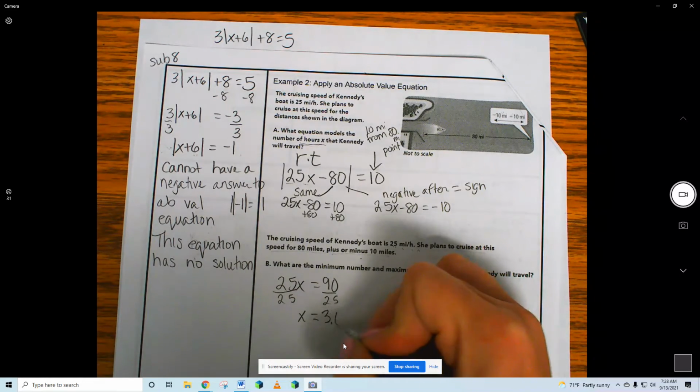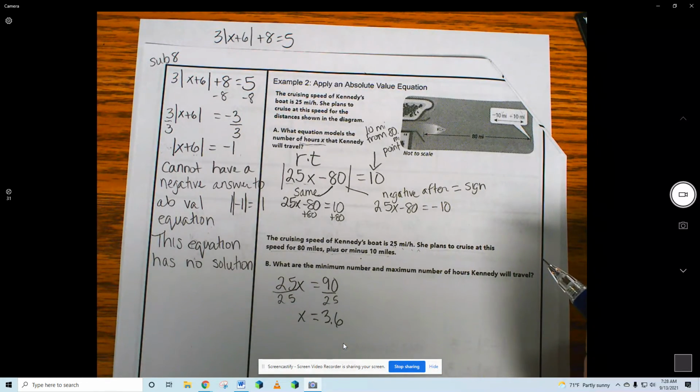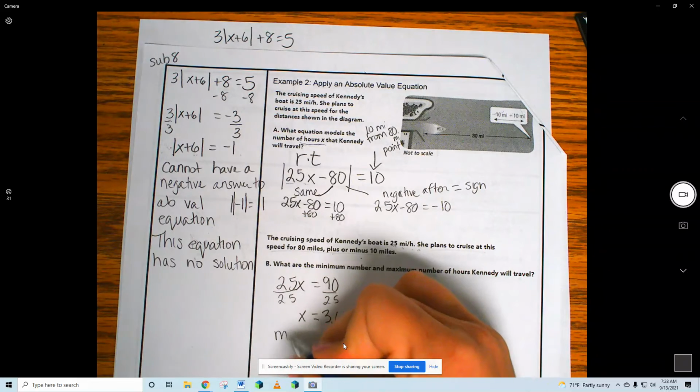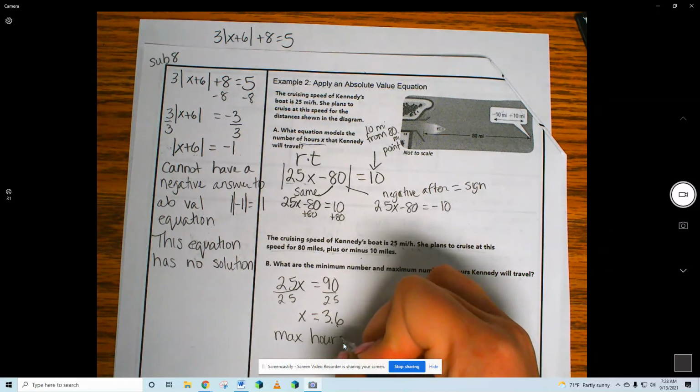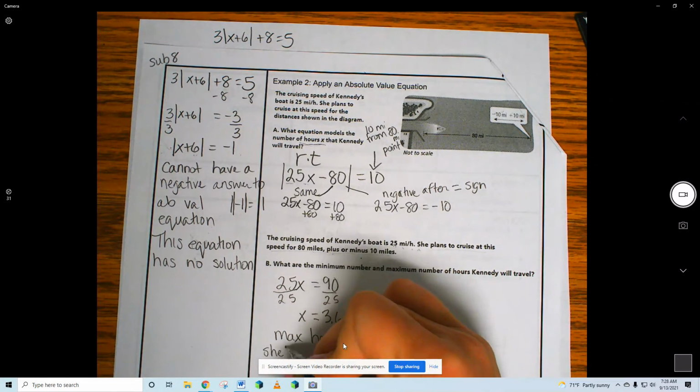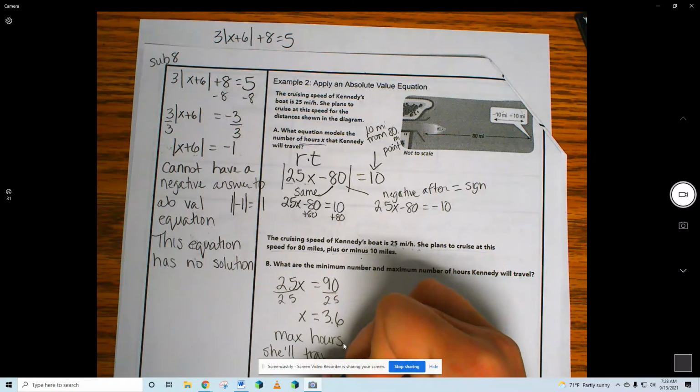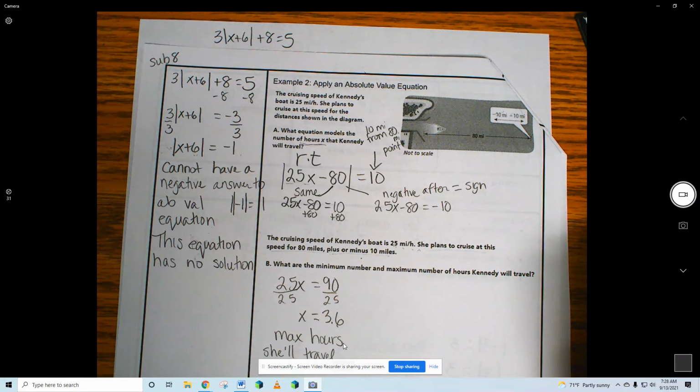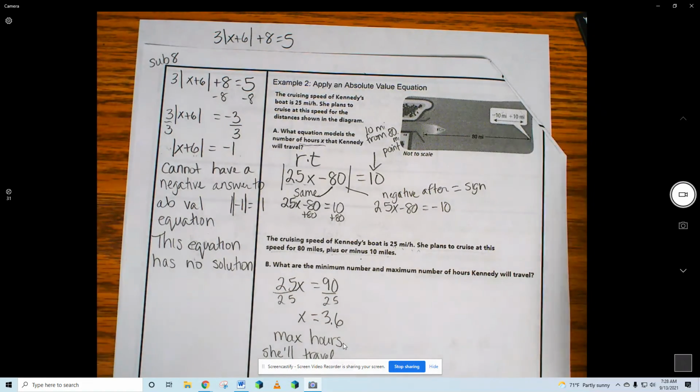It's 3.6. This is the max hours she'll travel. Maximum. So that's one side of the equation, the positive 10.